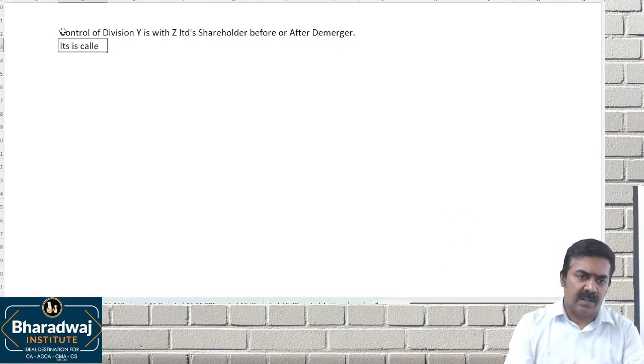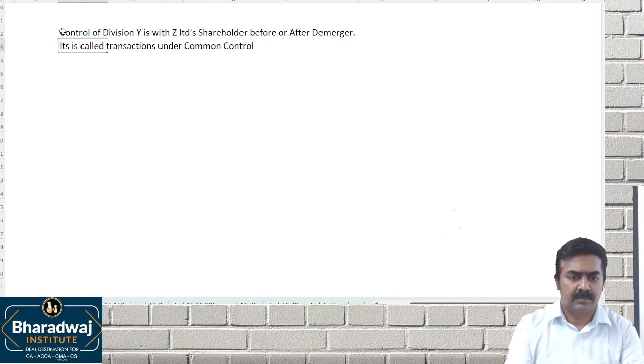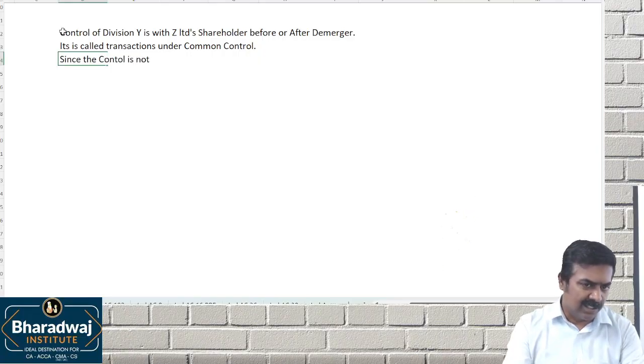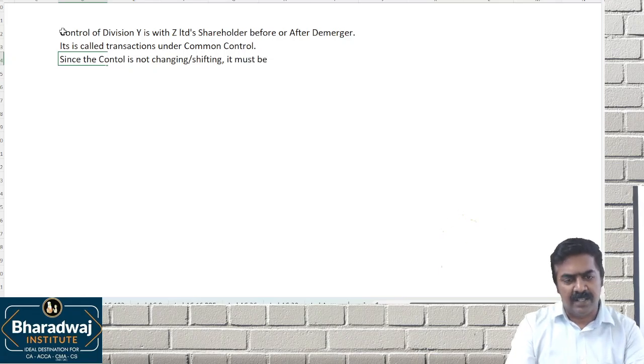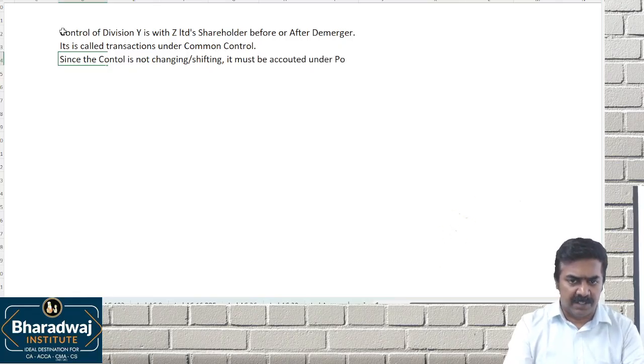It is called transactions under common control. Since the control is not changing or shifting, it must be accounted under the pooling of interest method.